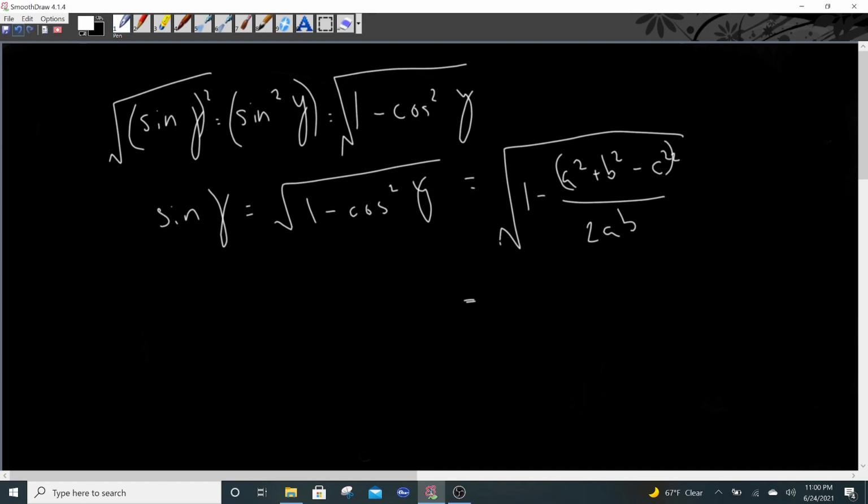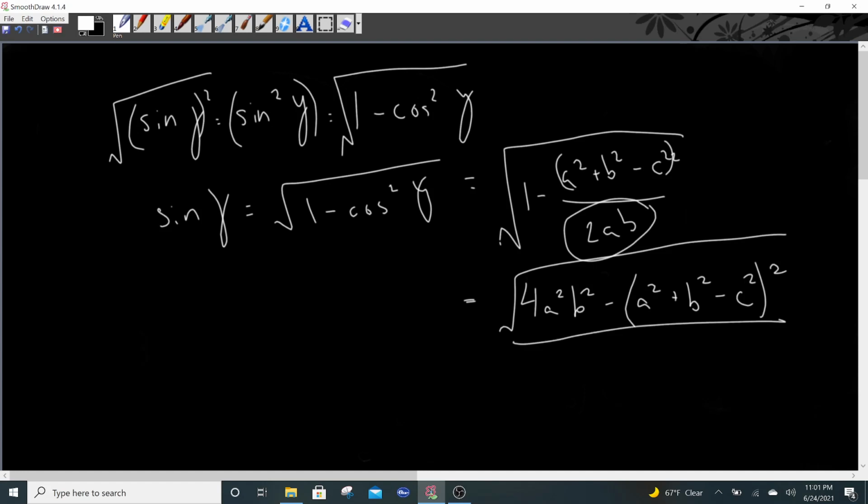So if we wanted to leave ourselves some room to do that, we'd say that 2ab squared would be 4a squared b squared. Then we would have 4a squared b squared over 2ab whole squared, and if we were to take the square root, we would take out that 2ab and just leave that in the denominator. So we'd have 2ab, and the square root of a squared plus b squared minus c squared squared, all over 2ab.